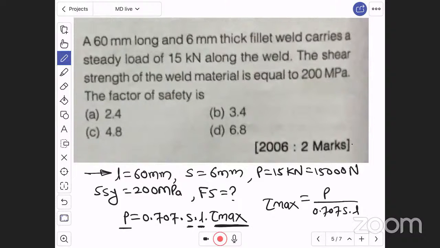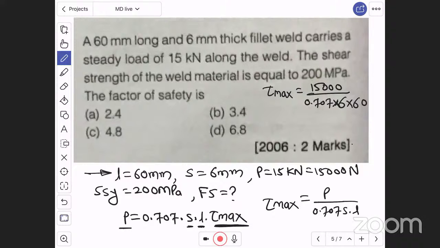Now let us first find the maximum shear stress. If I find maximum shear stress, then as per maximum shear stress theory, we can find the factor of safety also. Therefore, maximum shear stress is equal to P, which is 15,000, divided by 0.707 into S, which is 6, into EL, which is 60.